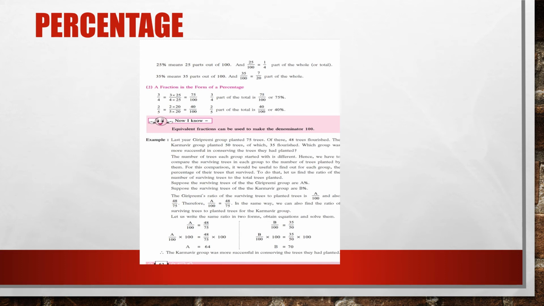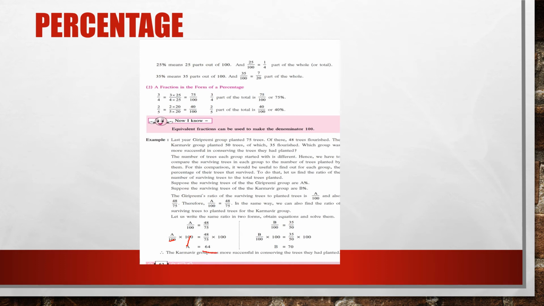So A upon 100 into 100, 48 upon 75 into 100. So this 100 and 100 will get cancelled, and you are only left with 48 upon 75 into 100. So your answer is 64. When you solve this, you get the answer as 64.